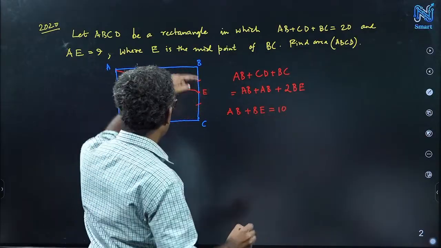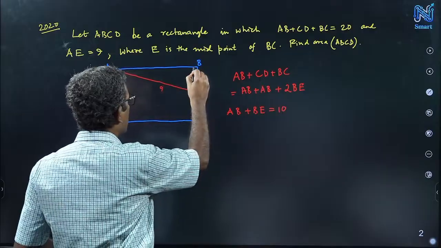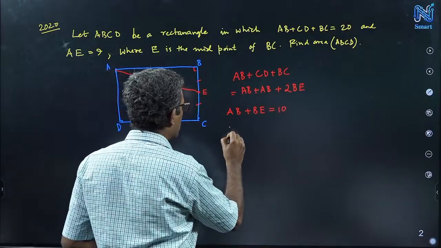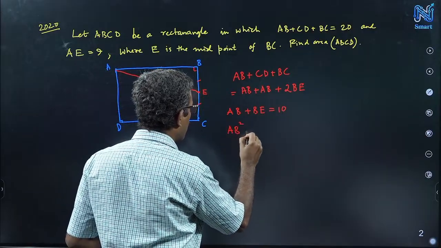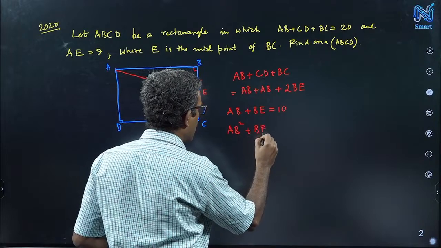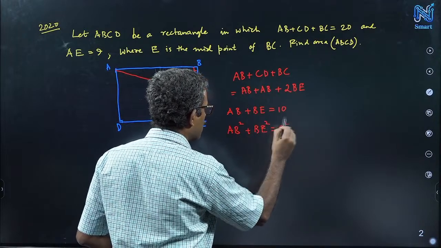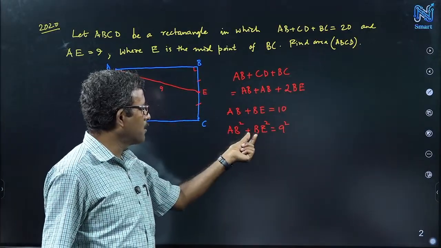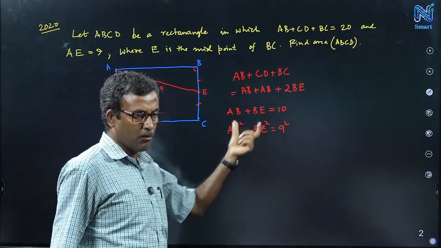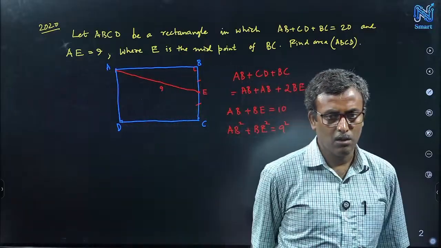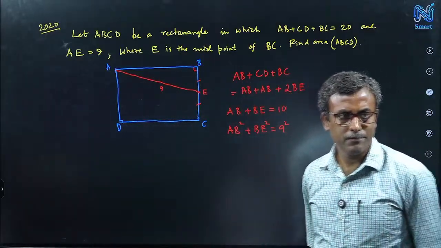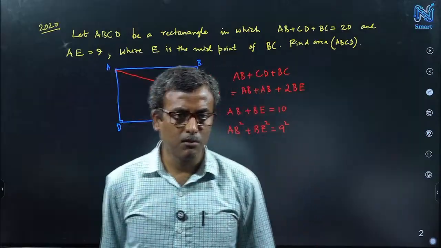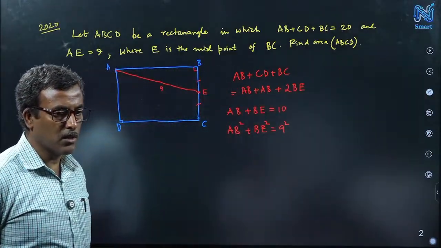So AB plus BE is 10, but this is a 90 degree. Then we know AB square plus BE square is 9 square, right? Pythagoras theorem. So AB plus BE is 10 and AB square plus BE square is 9 square. Then from these two, what relation we get?